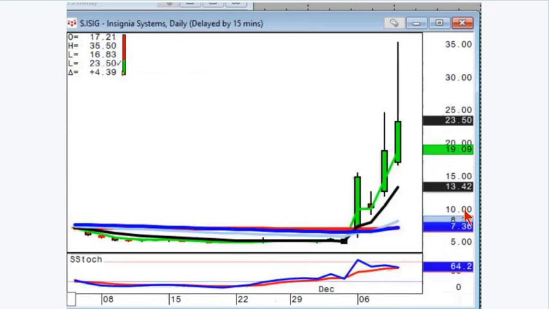Look where this stock went to today. It broke out right here, consolidated, and started back up. Where was a good entry on this trade?